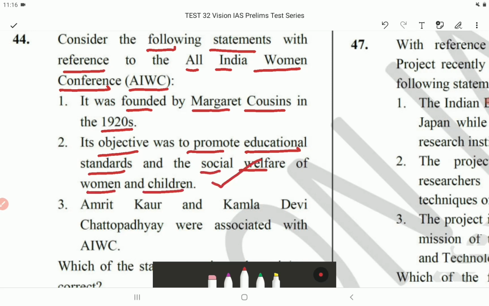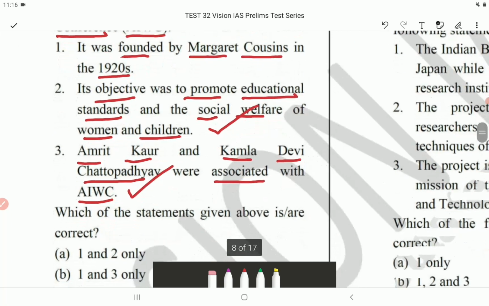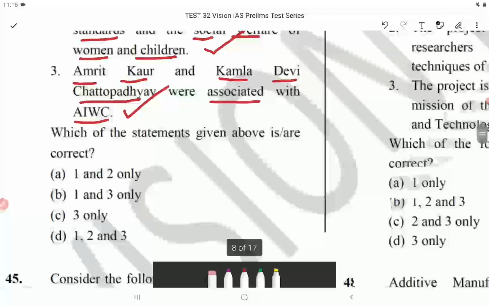This is correct. Statement 3. Amrit Kaur and Kamla Devi Chattopadhyay were associated with AIWC. This is also correct. Which of the statements given above is or are correct? The correct answer is option D, that is 1, 2 and 3.